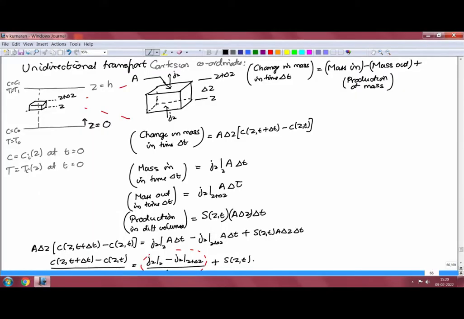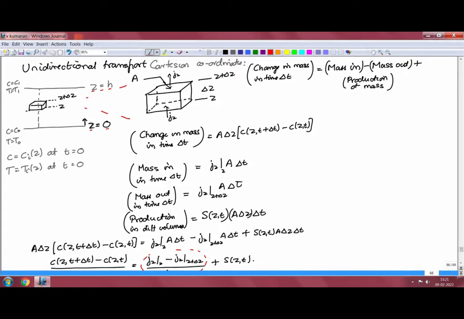So, in general we have a configuration where we have two locations, two boundaries in this Cartesian coordinate system, where either the properties or the fields or their derivatives are fixed, and initially the value is specified. In addition, there could be some production of mass or energy which is also specified.